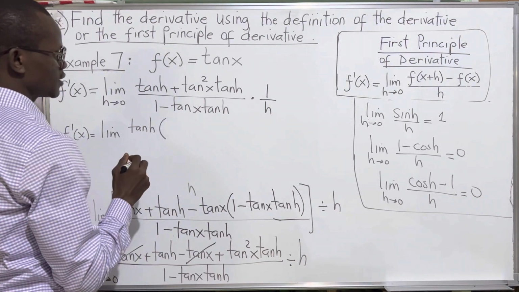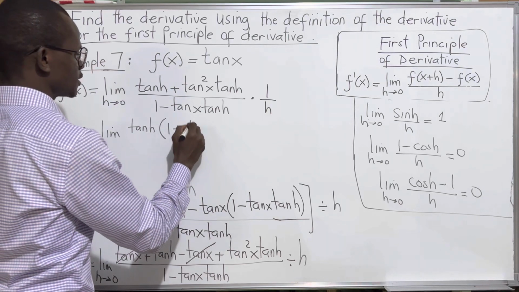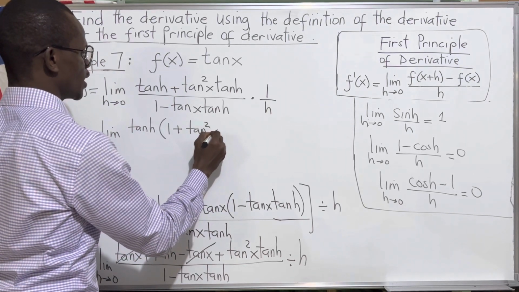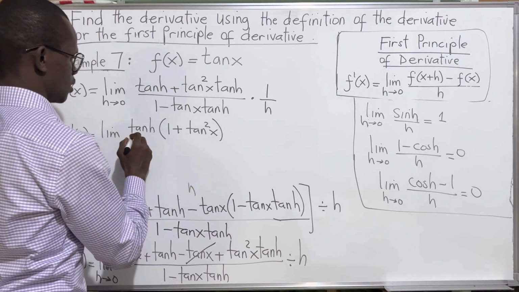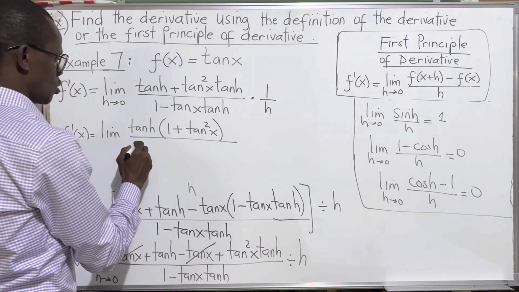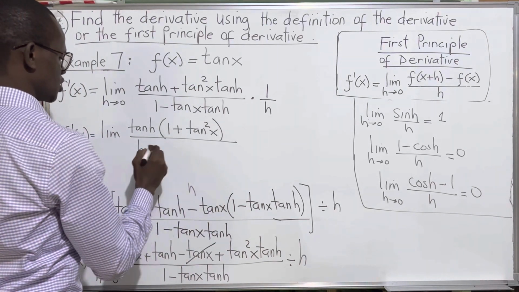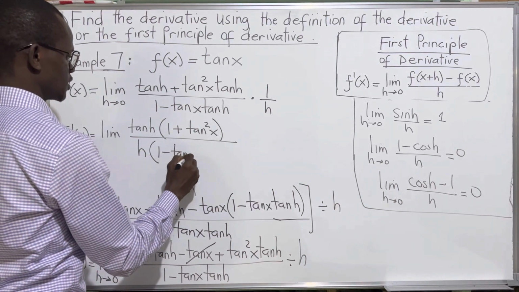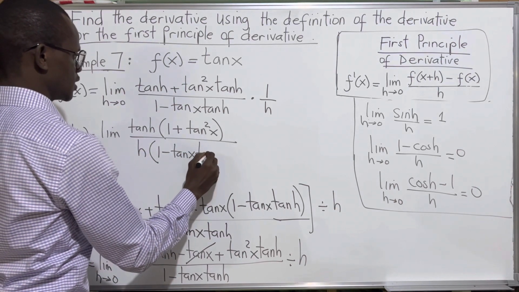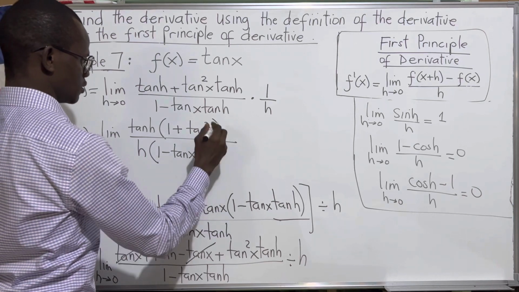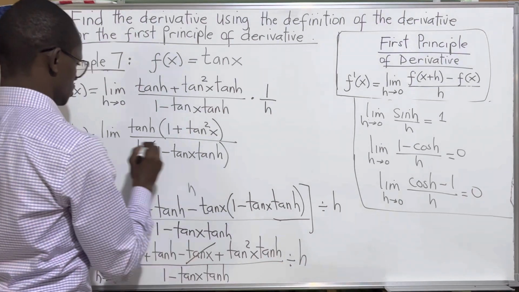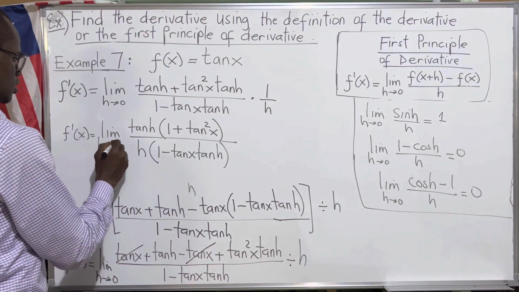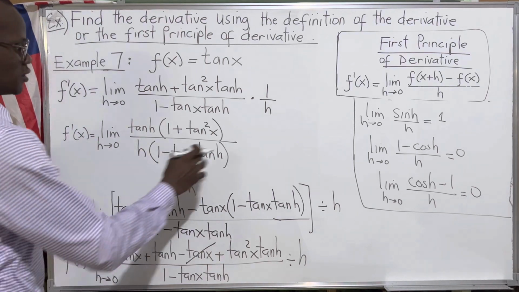We are left with 1 plus tangent square x, all over h, times 1 minus tangent of x tangent of h, as h approaches 0.